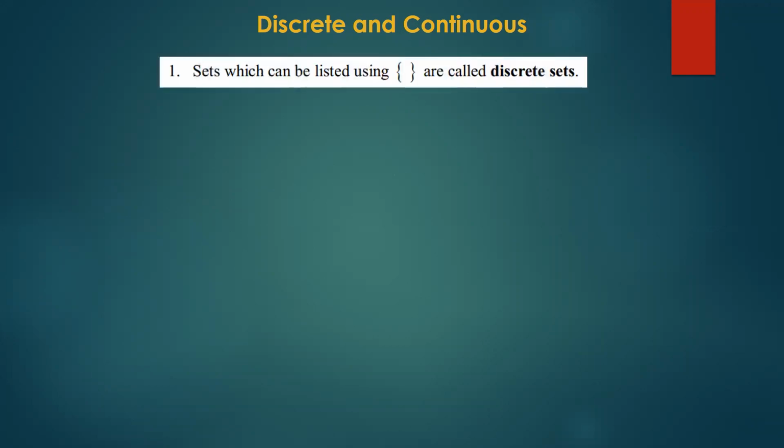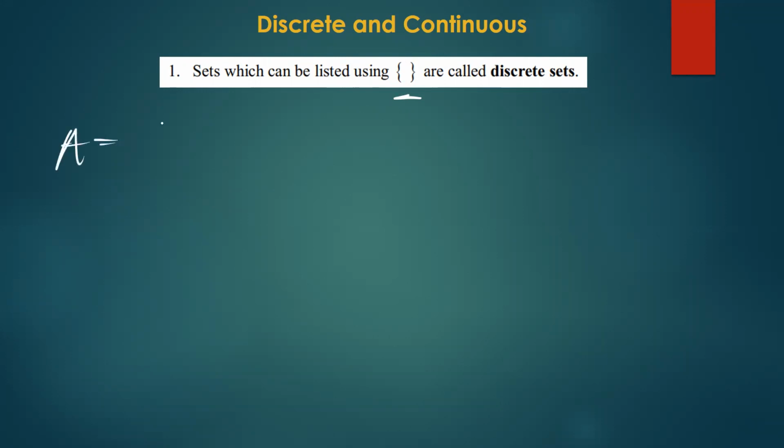All right, so let's look at discrete and continuous sets. So when we talk about discrete sets, these are sets that can be represented using these kinds of brackets. They are called parentheses. So discrete sets are the sets that we normally use, the sets that most of the people know.